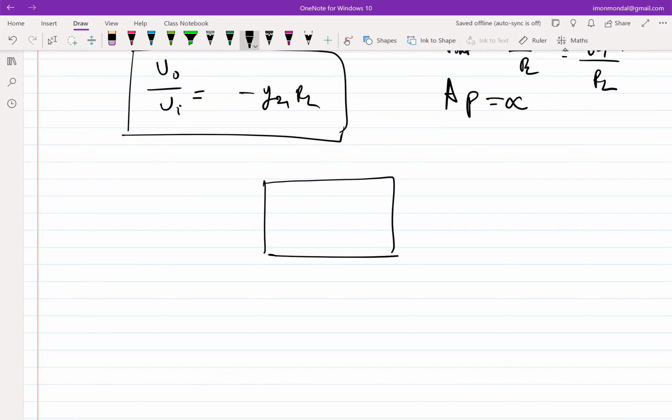I know now I am going to the full-blown network, right? So this is F of V1, V2. F1 of V1, V2, F2 of V1, V2. These are basically currents, right?